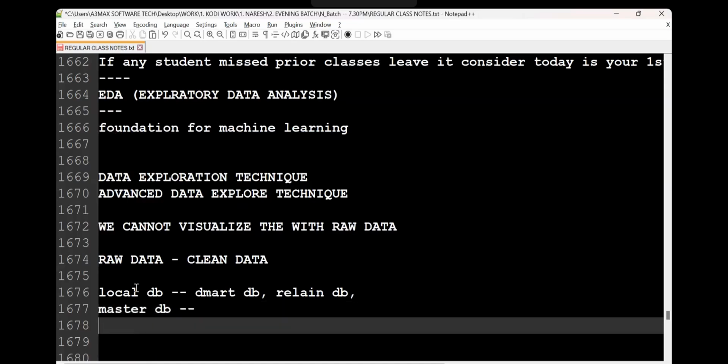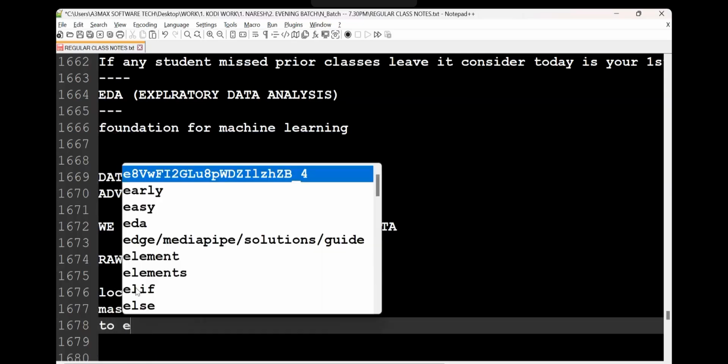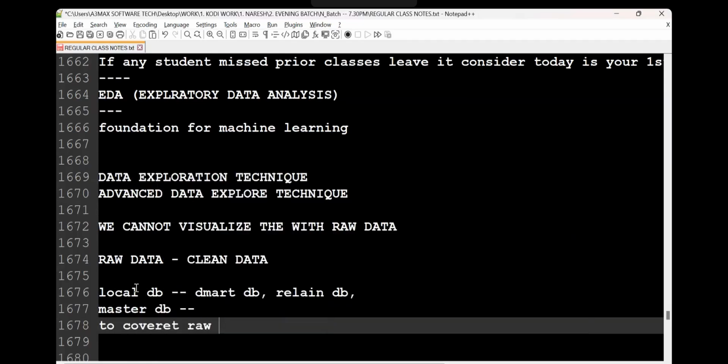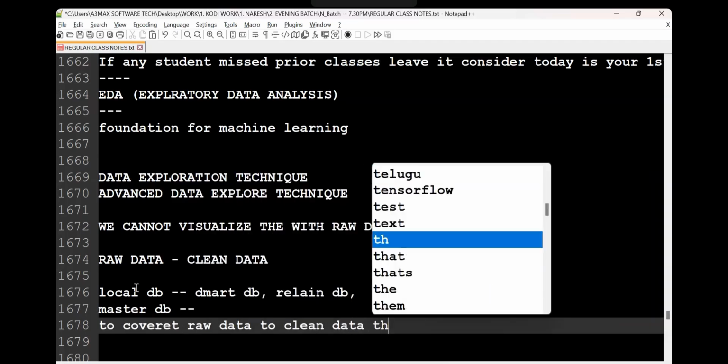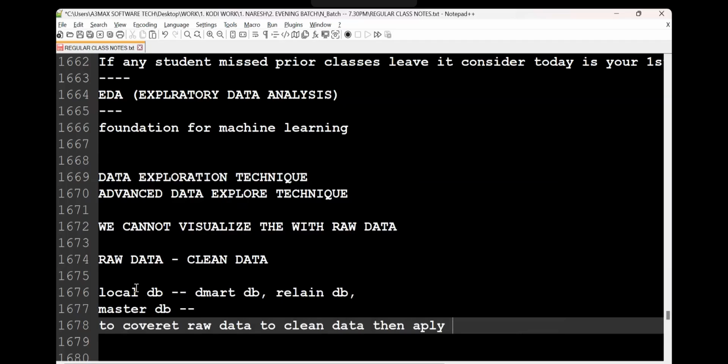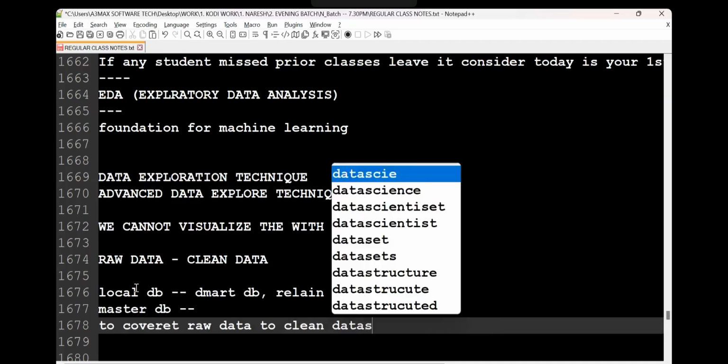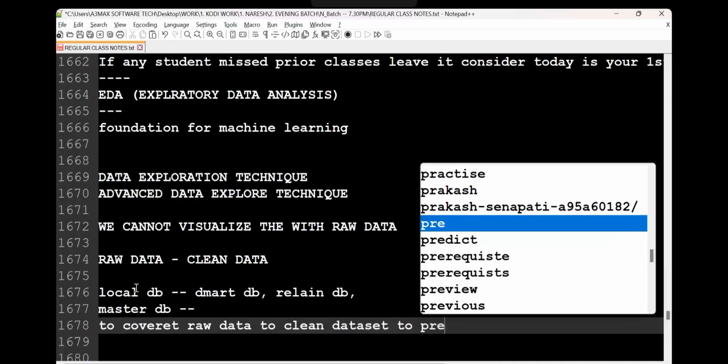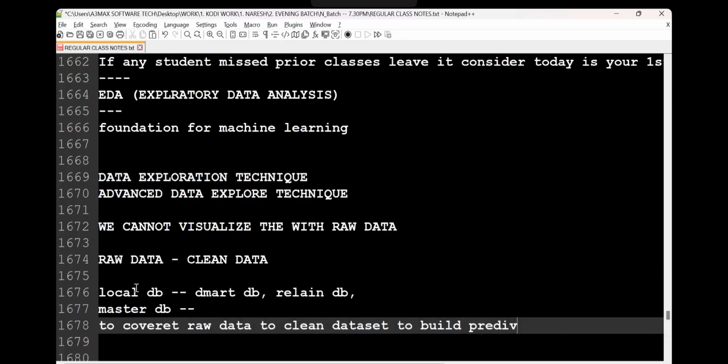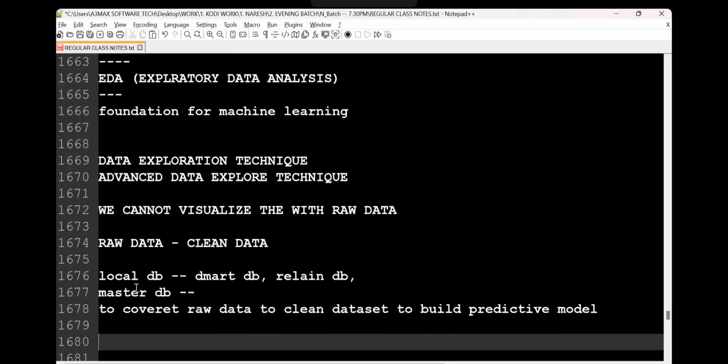And we learned how to convert raw data to clean data, and then we prepare a clean data set to build a predictive model. Understand, guys? Clear? So here is where data analysis comes into the picture.